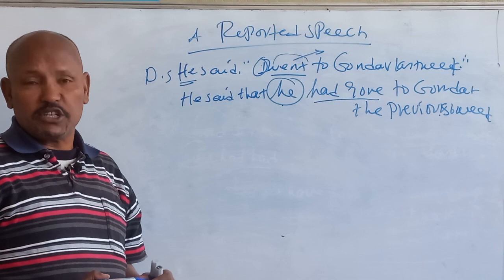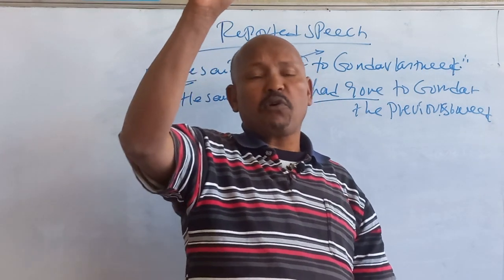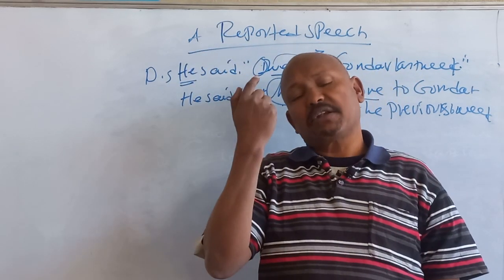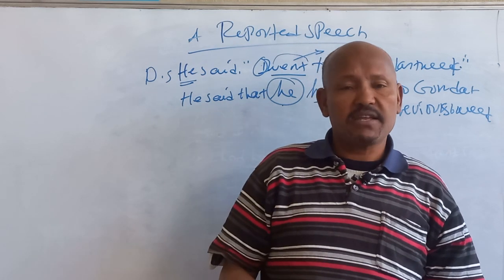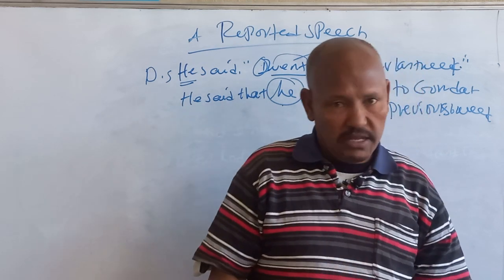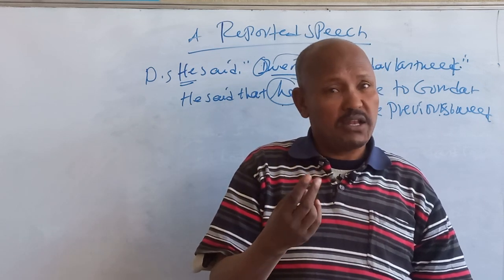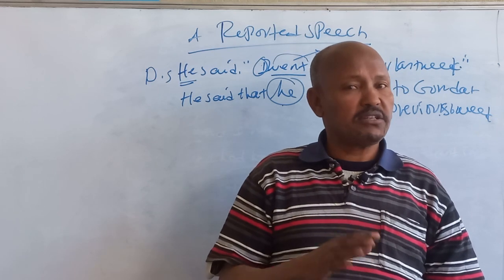So the fourth use of past perfect is in reported speech. We have four purposes or functions of past perfect: an action completed before another past action began; regretting the past; reported speech; and conditional type 3, or impossible condition.